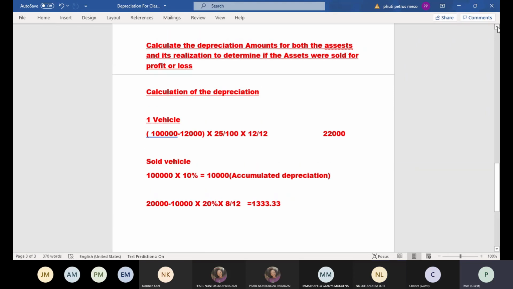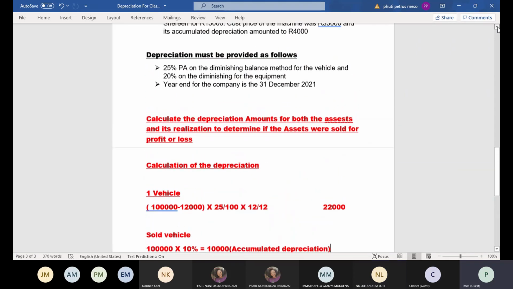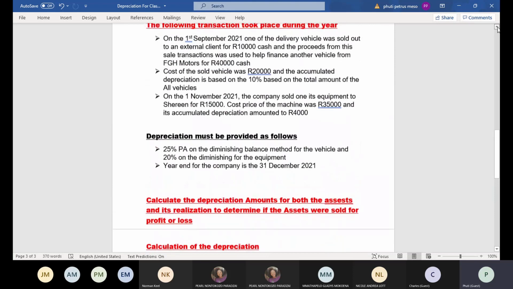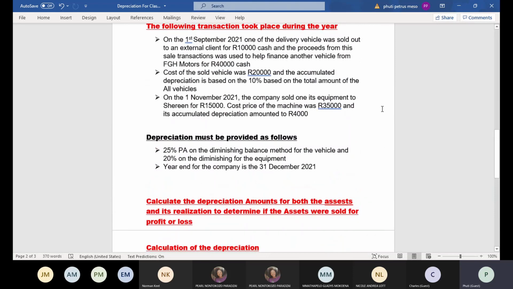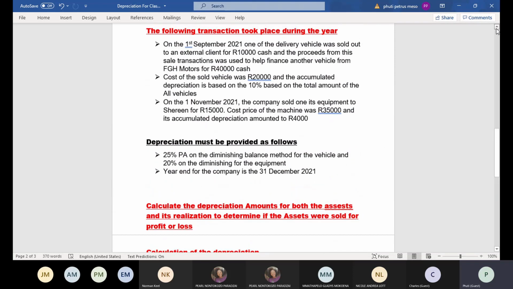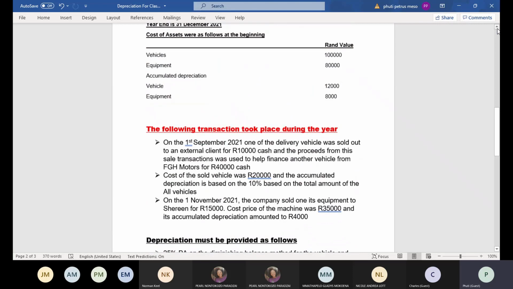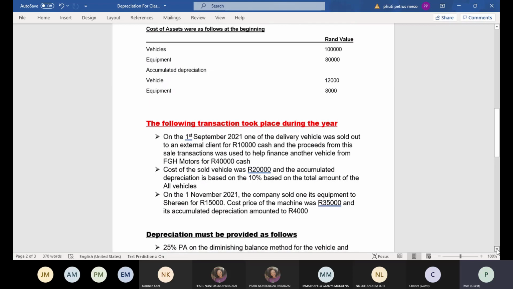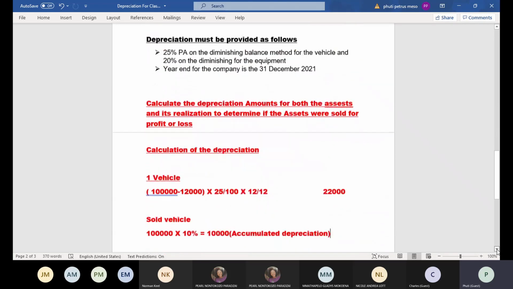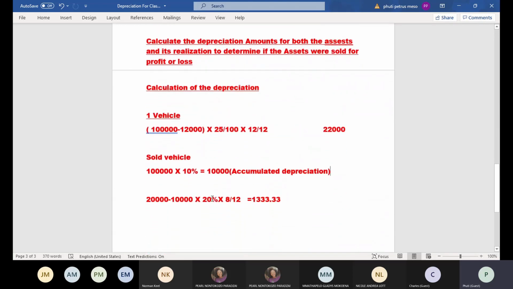So let's look up the depreciation on the equipment. The initial cost of the equipment is 80,000 with its accumulated depreciation of 8,000. So the same process is going to be followed. Actually, Nicole, this is not right.